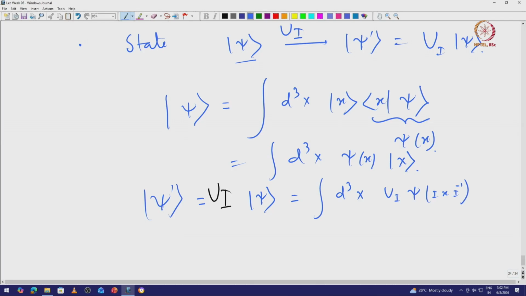It's a good idea to do it for once or twice. There is a number. This by definition changes to a state at minus x.